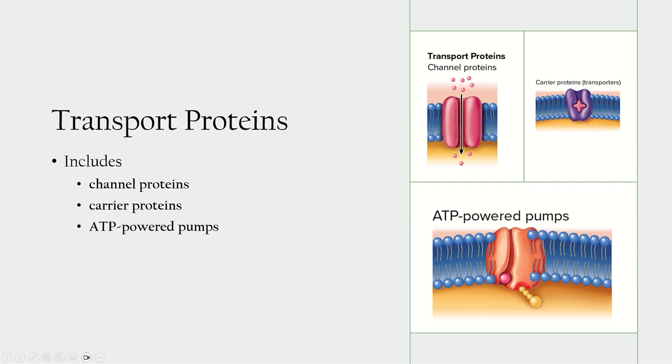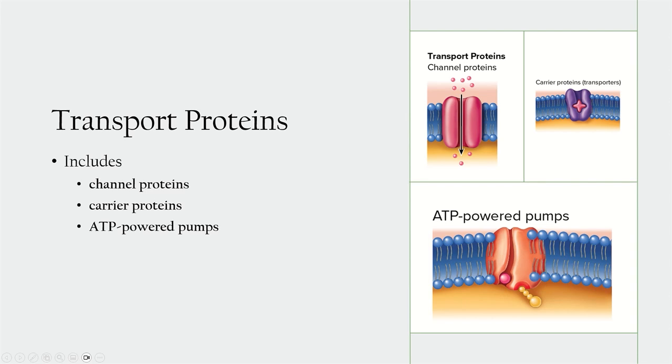Then there are ATP-powered pumps. Sometimes you need a little extra boost to move molecules through from one side to the next. And there are protein pumps that use ATP. Remember, ATP is the power, the battery pack for the cell. It's the energy source.